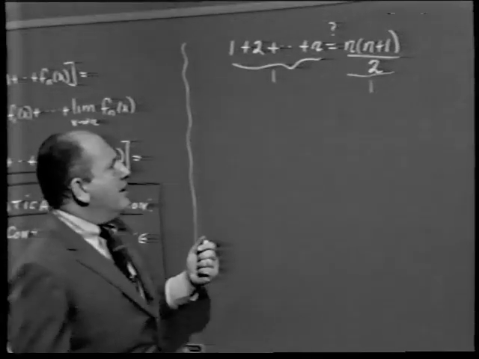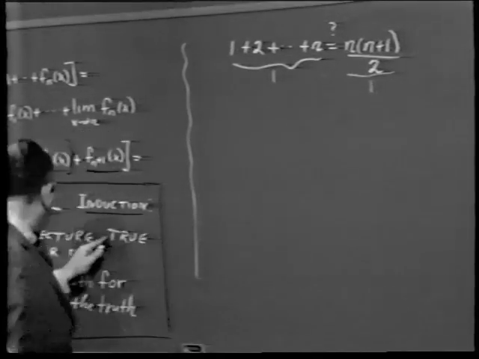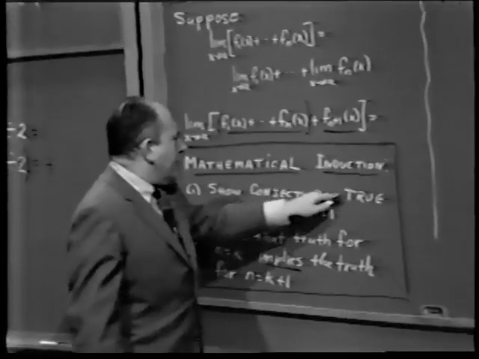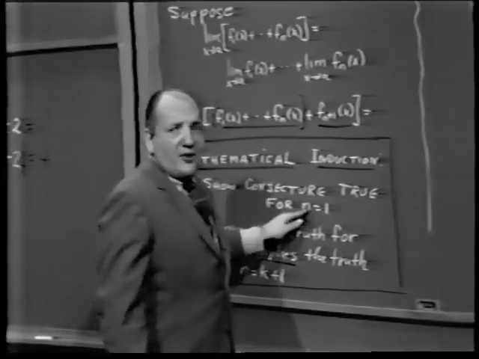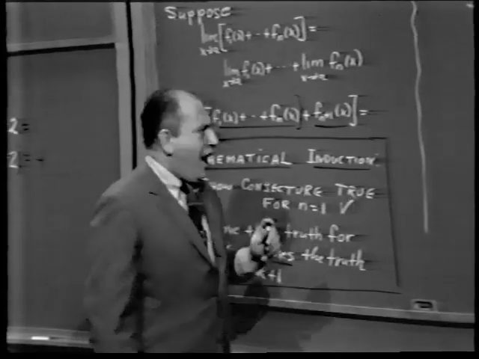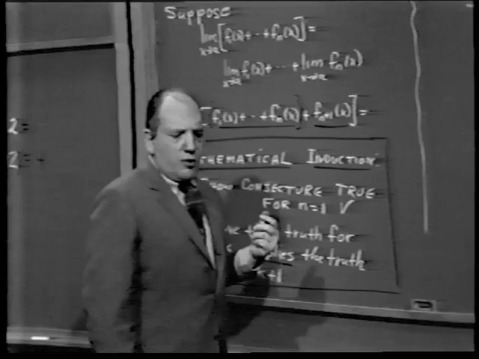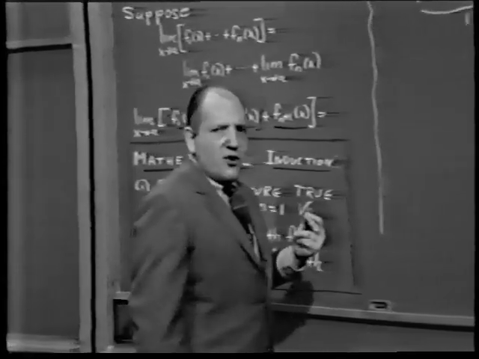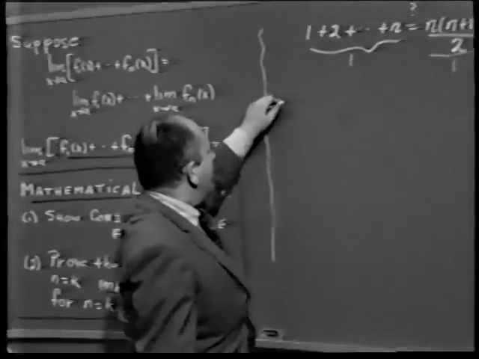What does mathematical induction say? Let's take a look again now. You see, we showed that the conjecture was true for n equals 1. And for good measure, we also showed that it was true for n equals 2. So we can check this off. We've done that. Now what do we do? We assume the conjecture is true for n equals k. That means what?